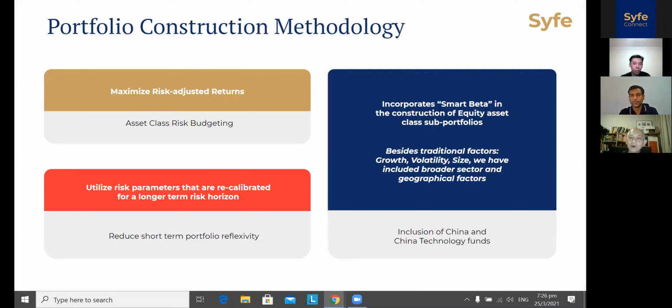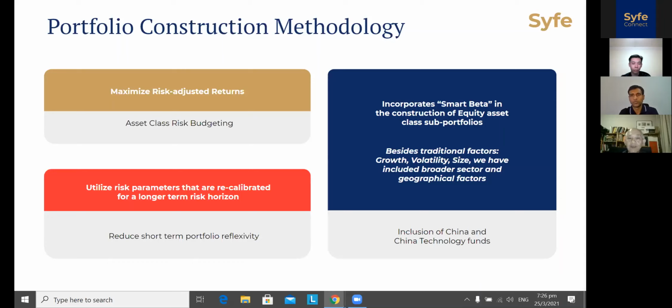When we looked at our econometrics and graphical screens, we saw that China, since the middle of last year towards the third quarter or so, started to outperform the US. So we thought from a strategic standpoint that we would include, more than a market cap weight, China and China technology in our asset allocation, because those seem to be growth areas.